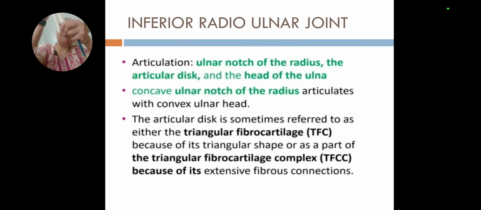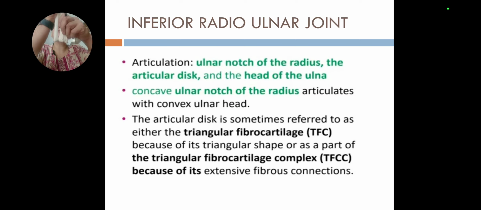This surface is a little bit convex. Yes, this is the ulnar notch of the radius, and this is the head of the ulna.